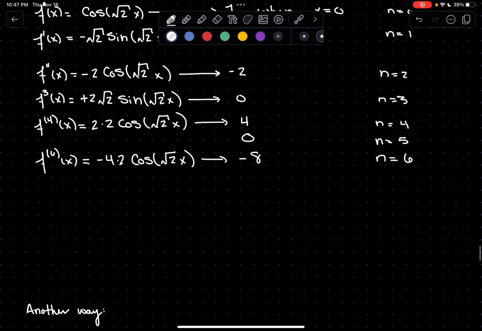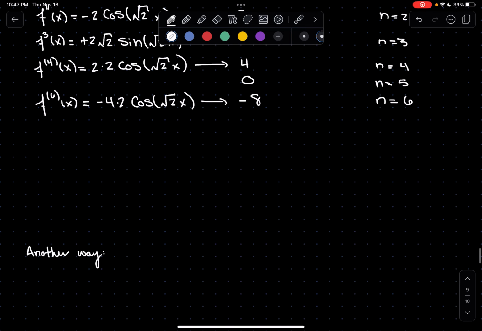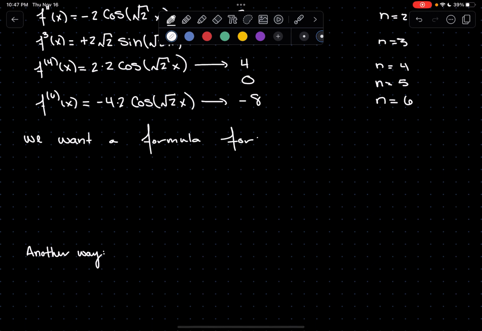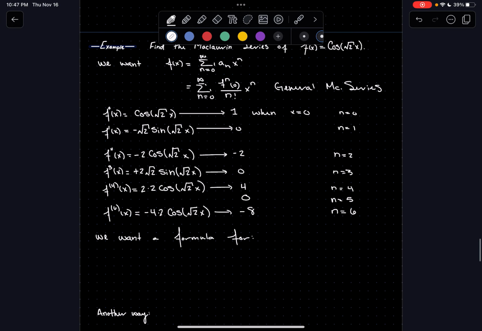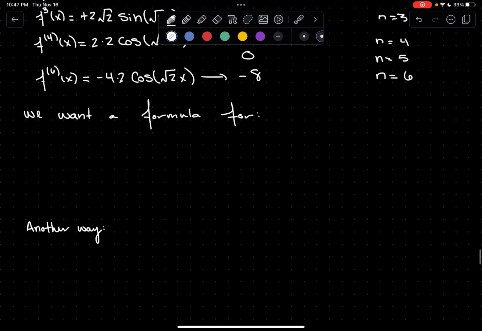Okay, so we want a formula, so we know for our geometric series we can write out the first couple of terms, right? We can just write out a couple of these and see what our formula ends up giving us.